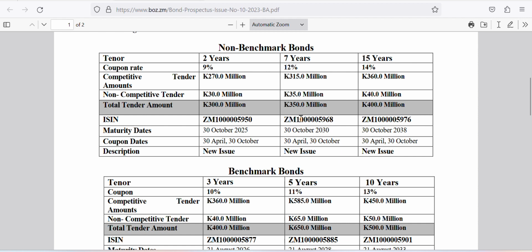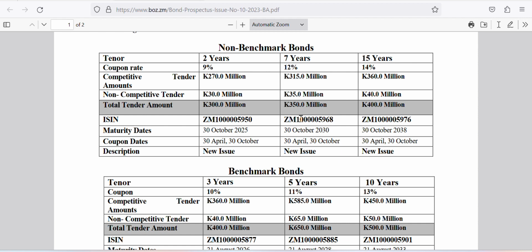Okay, so the other thing that you have on the prospectus is the coupon rate. The coupon rate is basically the interest rate that the bond issuer pays to the bondholder on a regular basis. In this particular case, what we are saying is that the coupon rate is the interest rate that the government will be paying you on a regular basis.